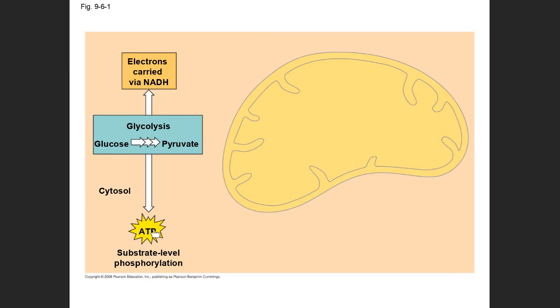In the process, a little bit of ATP is going to be made, and it's made by substrate level phosphorylation. So a phosphorylated organic compound is going to transfer that phosphate group to ADP to make ATP, but not much. NADH is going to be produced, and the NADHs are carrying electrons to the electron transport chain to make ATP.